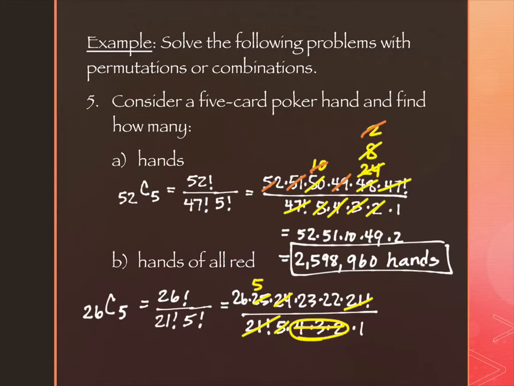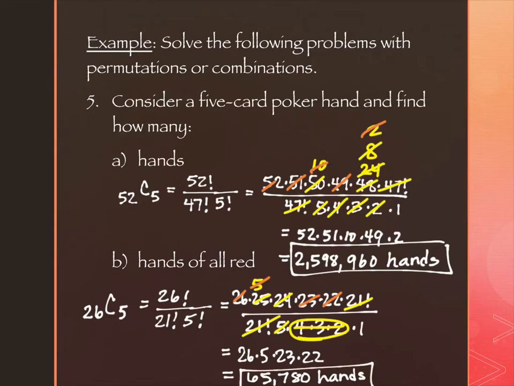So yeah, it's 24. So working our way down, we have 26 times 5, 23 and 22. 65,780. Yes, you're right. 65,780.